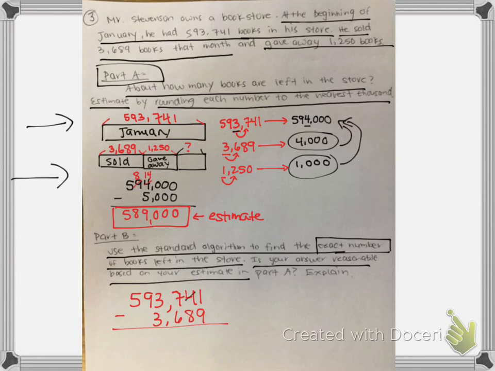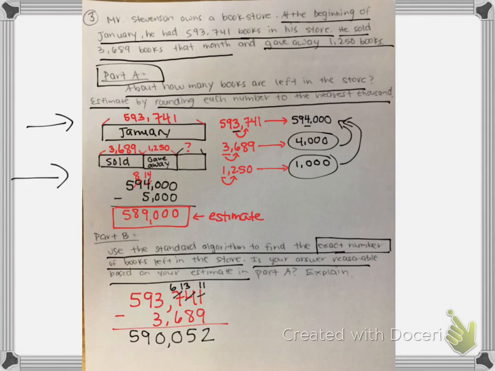I'm going to unbundle, and this is going to become 11. 11 subtract 9 is 2. I'm going to go here. I can't subtract 3 and 8, so I am going to unbundle, add 10. Now I can. I got 5. I got 0. I got 0. I'm going to bring down the 9 and the 5. Okay? I got 590,052.